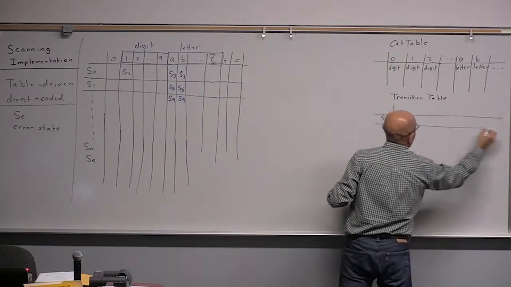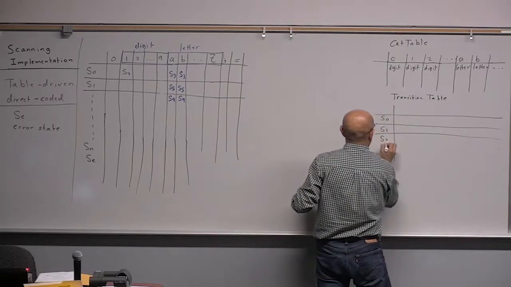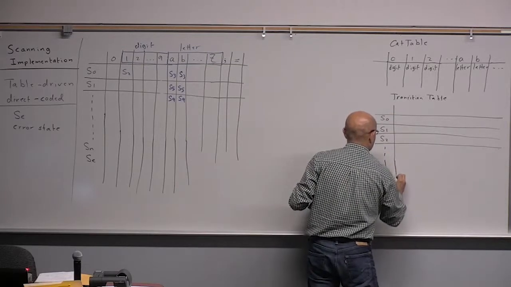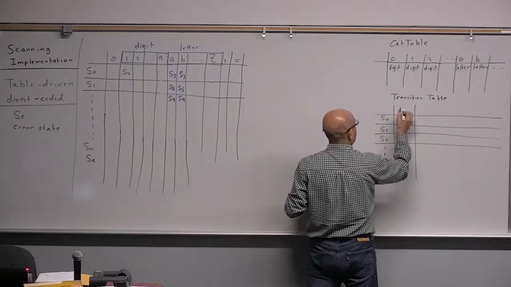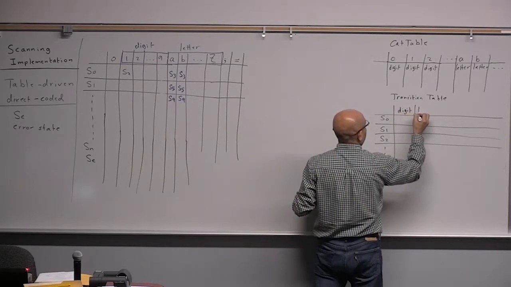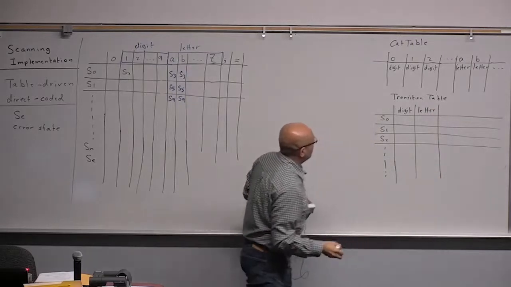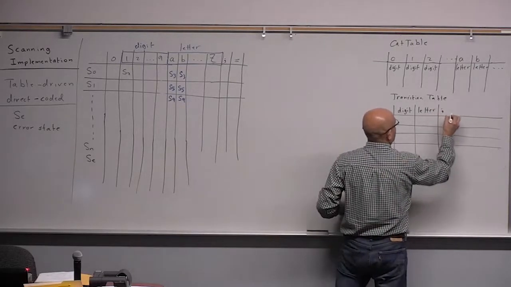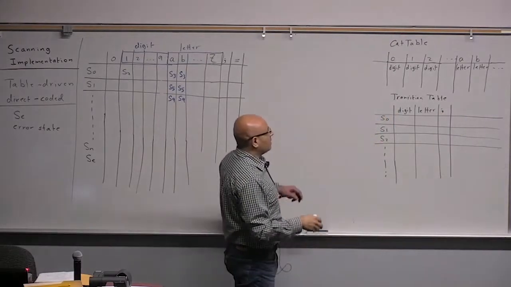S0, S1, S2, and then here you have digit, letter, and there are things that you cannot categorize, like this is a category by its own. So it will have its own category.